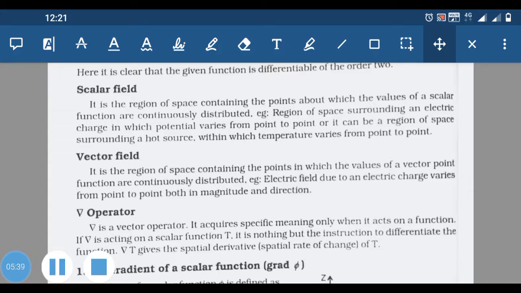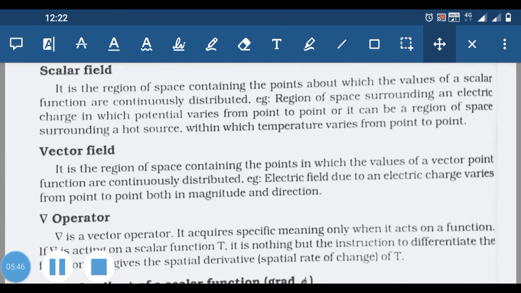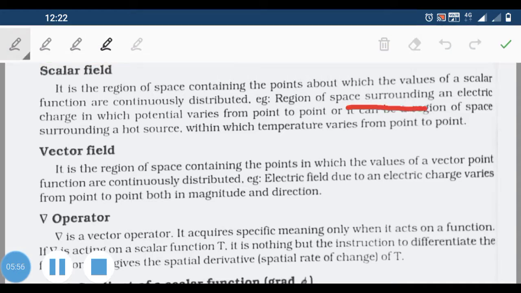Now we can see the case of a scalar field. A scalar field is the region of space containing the points about which the values of a scalar function are continuously distributed. As an example, we can take the region of space surrounding an electric charge in which the potential varies from point to point, or a region of space surrounding a hot surface within which temperature varies from point to point.